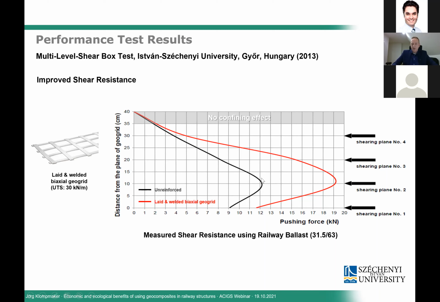So there's a very high increase in shear resistance, which of course is the resistance against lateral movement that we can measure. So as a result of interlocking, we can increase the shear resistance in the ballast or also in the subballast layer if we test that.